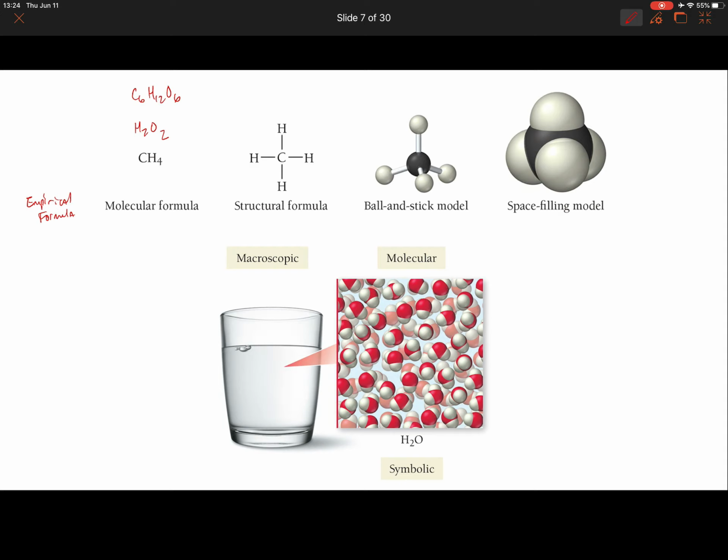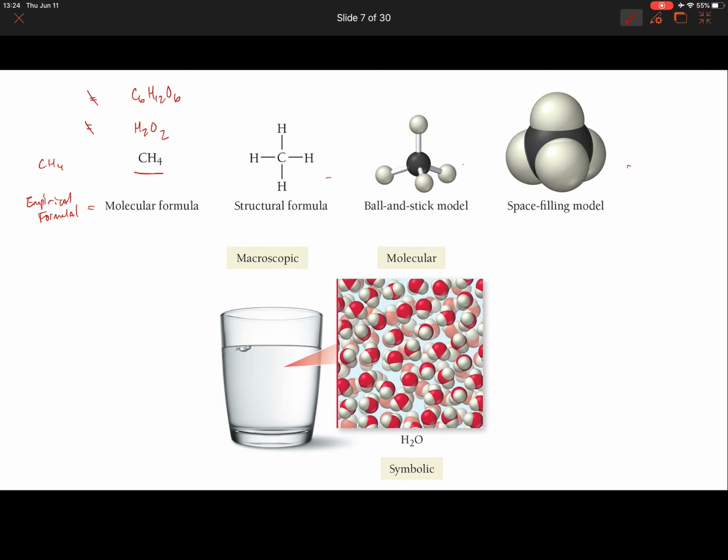Okay, the empirical formula is the simplest whole number ratio. So for methane, which we're looking at in all of these pictures here, CH4 is as simple as we get. 1 carbon, 4 hydrogens. So the empirical formula would be exactly the same as the molecular formula. But for these two up here, that would not be the case. We could actually go simpler.